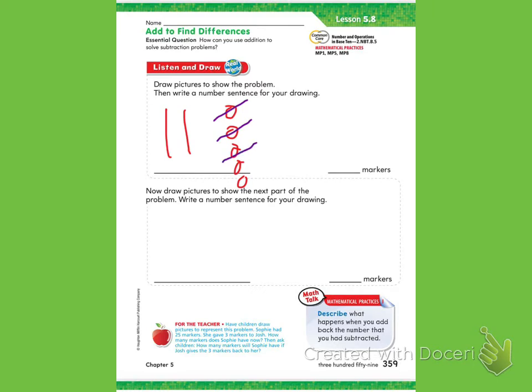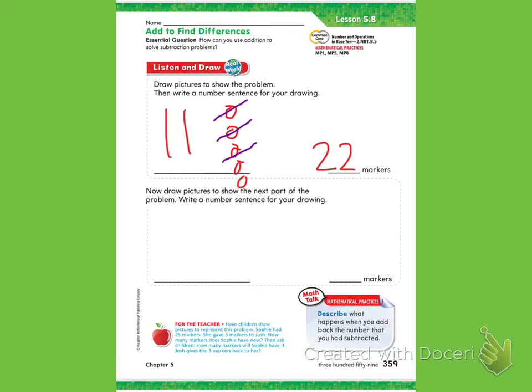And so how many markers does she have now? 10, 20, 21, 22. So that's the first part of the problem. But how many markers will Sophie have if Josh gives the 3 markers back to her? So if he took 3, or she gave him 3, and then she gave back 3, how many markers would she have now?